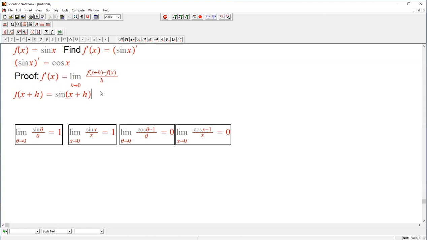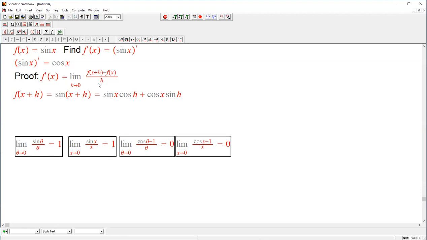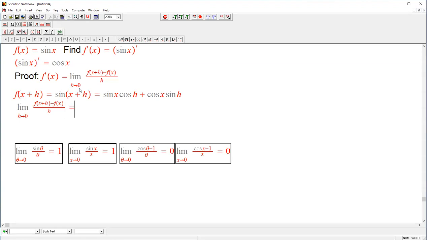We're going to plug in, and we also know sine of x plus h equals sine x cosine h plus cosine x sine h. That's the formula, okay? And then we're going to plug this in.